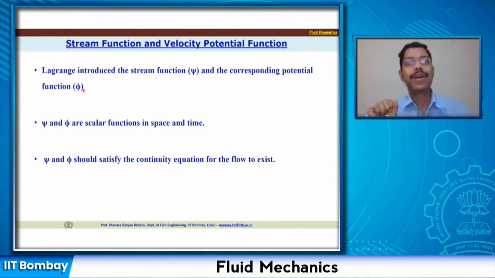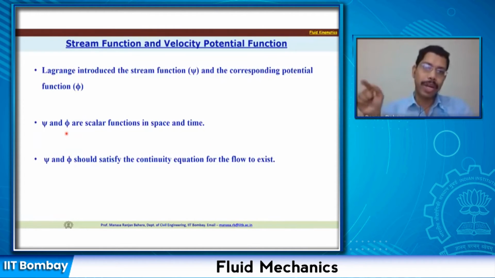What is the advantage of this stream function and potential functions? If you look at, the advantage is lying in their properties. The psi and phi functions are scalar functions in space and time. So in a flow domain, at every point, the phi or psi function can be defined as a scalar function. So it is not a vector. Okay.